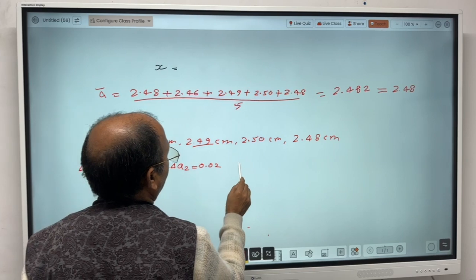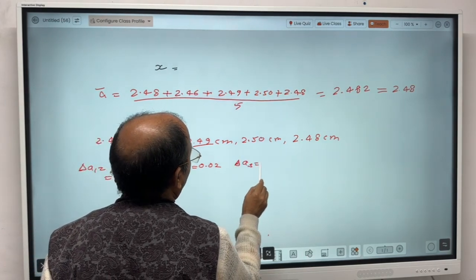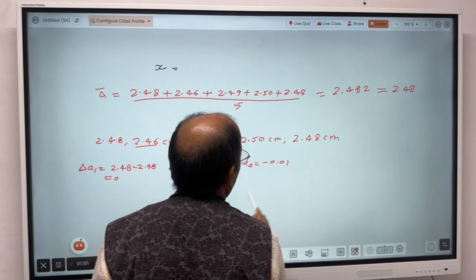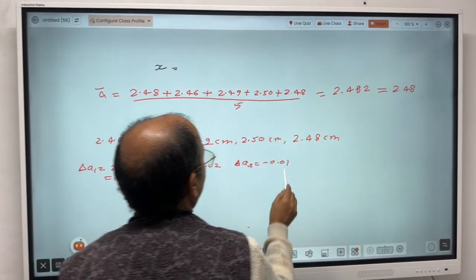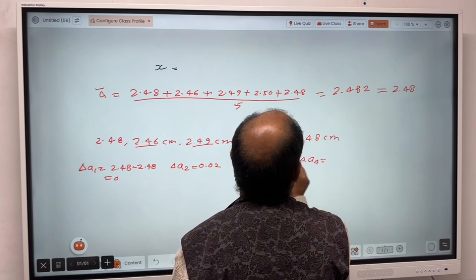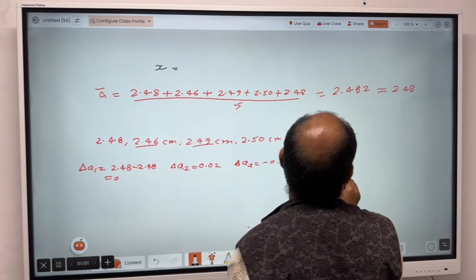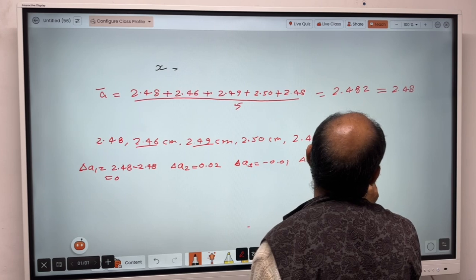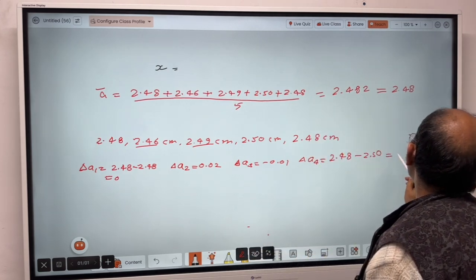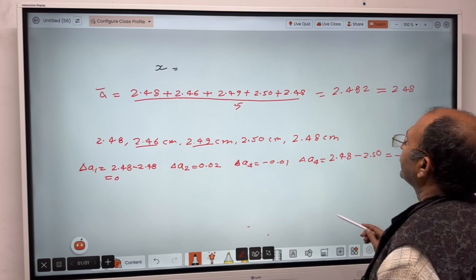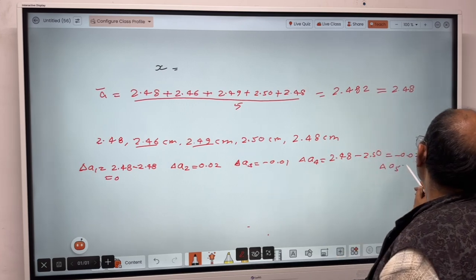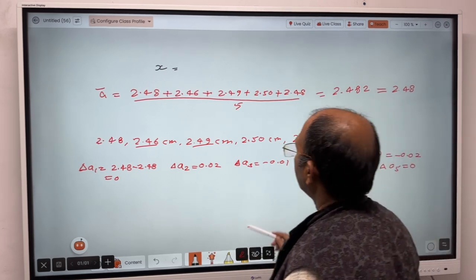Then for this we can get delta A3. It will be negative 0.01. Then for this delta A4, we can subtract this. So we will get 2.48 minus 2.50, so this is minus 0.02. For the last one, delta A5, it will be 0.